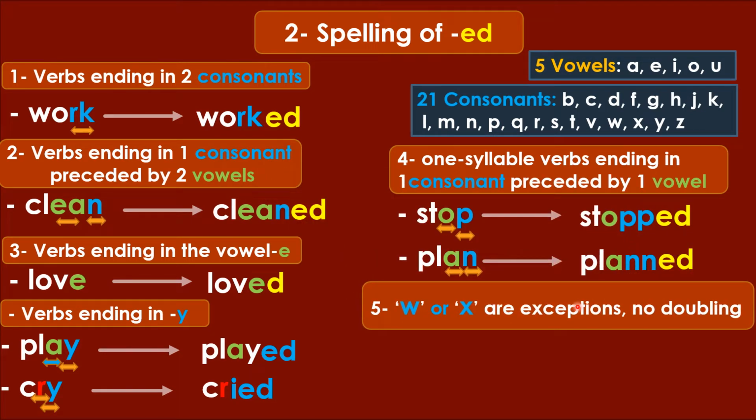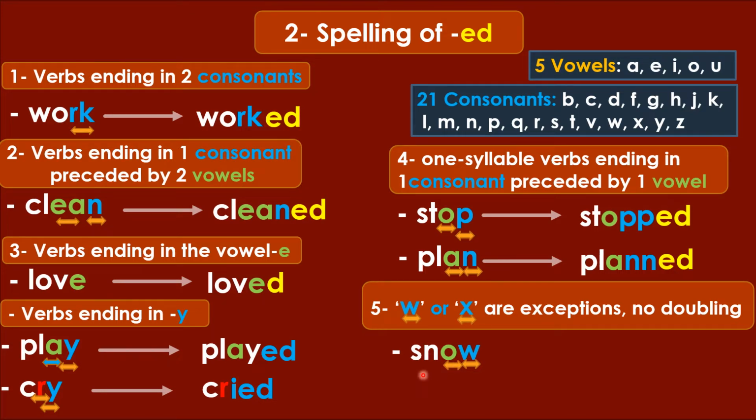Let's have a look at this exceptional case. By the way, W and X are exceptions. If you look at the verb snow, it ends in a W, which is a consonant, preceded by one vowel, and snow is a one-syllable verb.